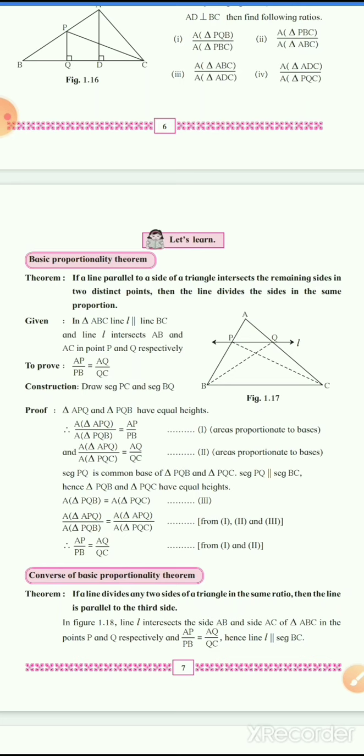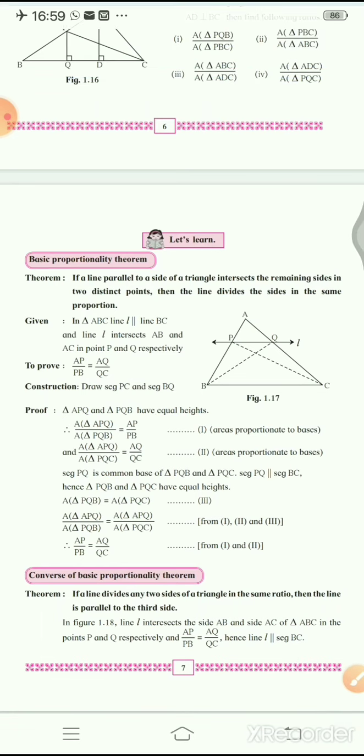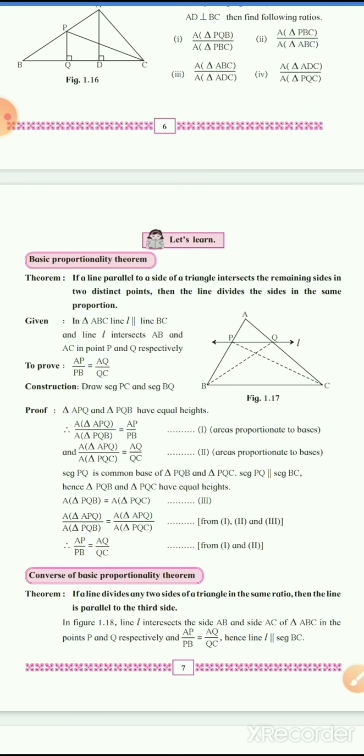first we can see two triangles here. First, triangle APQ and triangle PQB. Triangle APQ and triangle PQB. These two triangles, let us see, point Q is common for them, and points A, P, B are linear points.